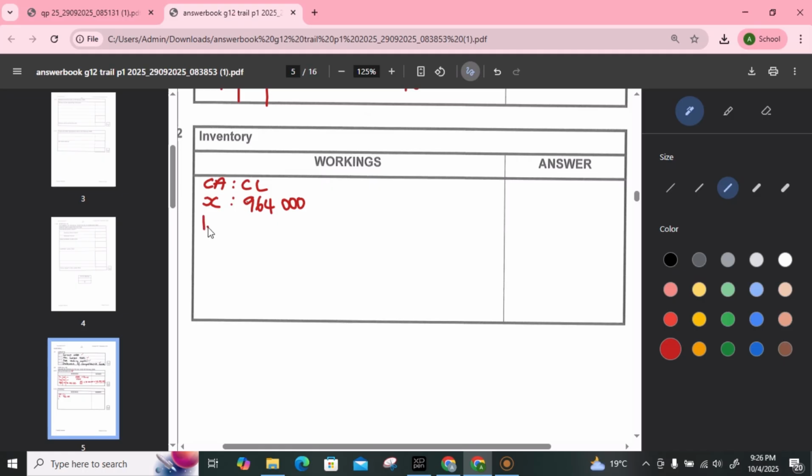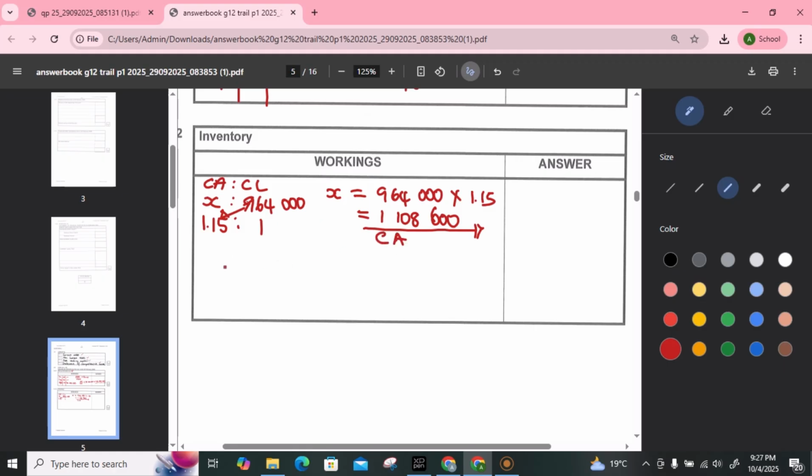So here is 1,15 is to 1. If you cross multiply, you will get the value for X is 964,000 multiplied by 1,15. If you further calculate, you will walk away with 1,108,600. That is the value for current assets.